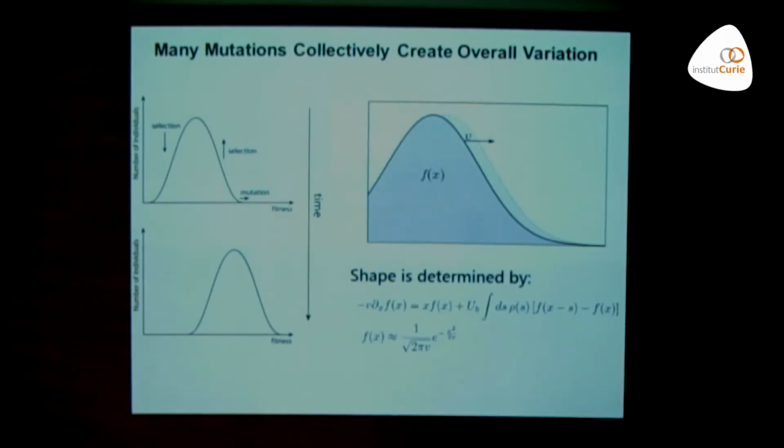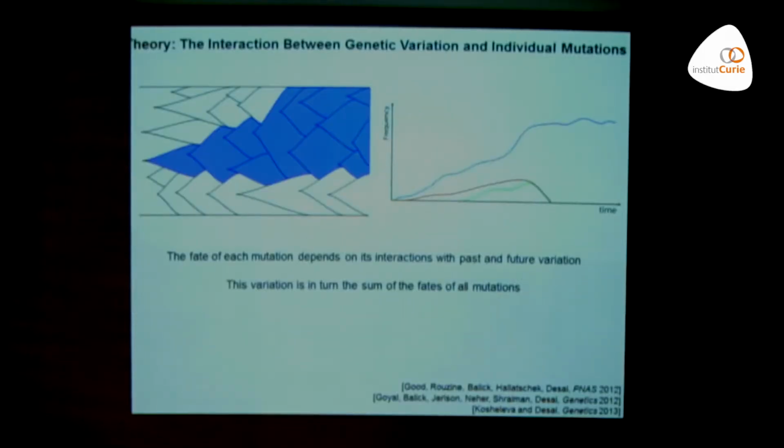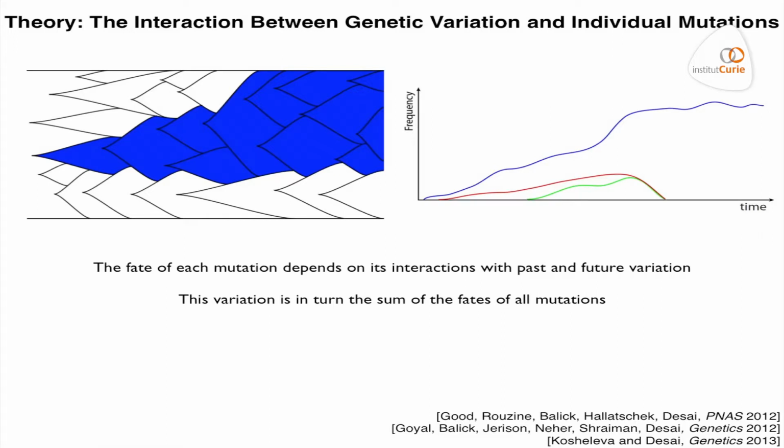The difficulty with doing this is that obviously stochastic effects are very important. You have to have some kind of properly stochastic model that accounts for the fact that these mutations are random and the genetic backgrounds they occur in are random. At the same time, there are nonlinear interactions between the mutations because, in the end, there can only be one, right?